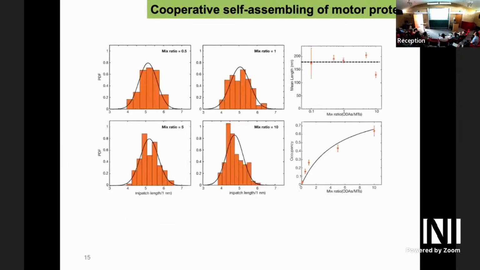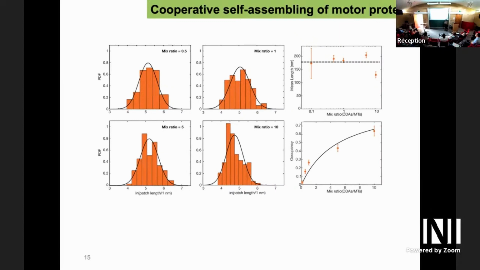And what we observe here is that when you have this kind of mixture, these motors are arranged in patches between these microtubules, as I already told you. But these patches have a characteristic length, because it doesn't matter which concentration of motors you put inside the mixture before the visualization, they always have a length of around eight motors.